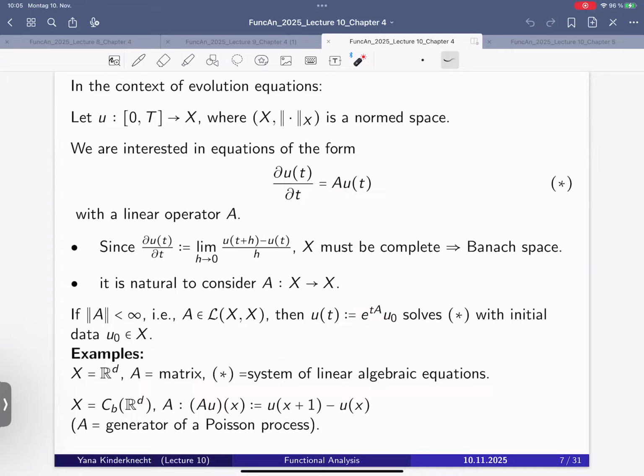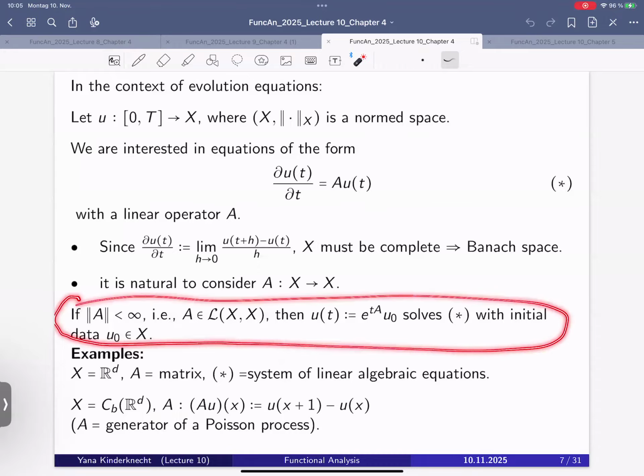But not only such case is covered by this setting, but also, for example, the infinite dimensional case, where X is a space of, for example, continuous and bounded functions on R^d, and A is such a difference operator. It turns out that this A is related to Poisson processes, so it's a generator of a Poisson process. I don't go deeper into this, but it's an interesting operator. And it is a bounded operator in this space, and all what we have discussed here works.